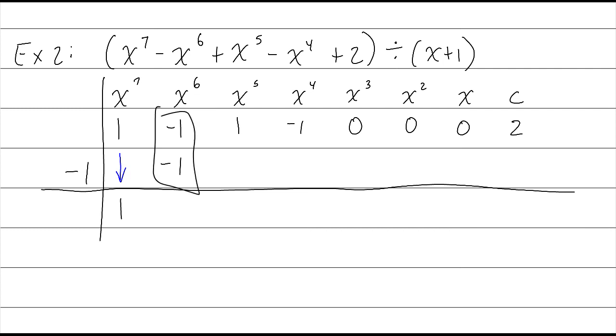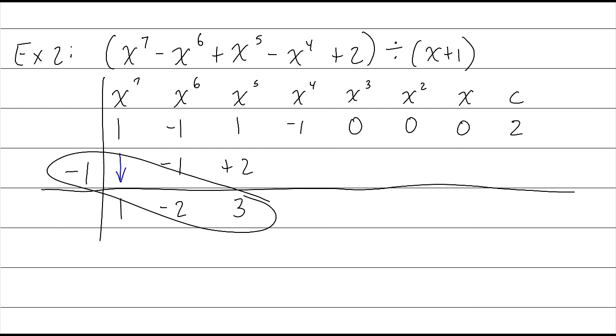Negative 1 minus 1 is negative 2. Multiply those again, right? Negative 1 times negative 2 is a positive 2. 1 plus 2 is 3. Negative 1, now look at that. Negative 1 times 3 is negative 3.